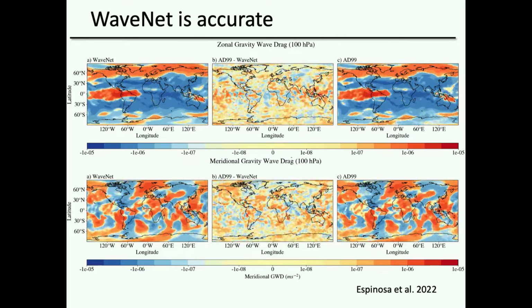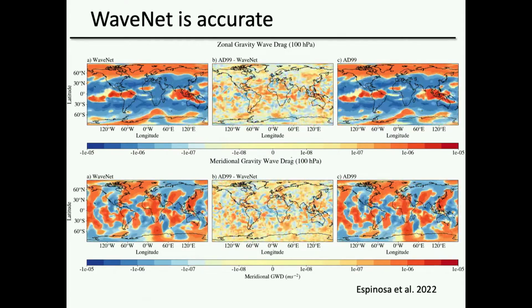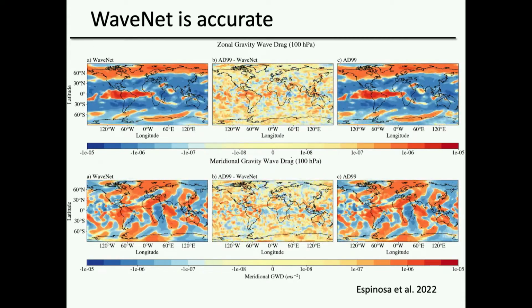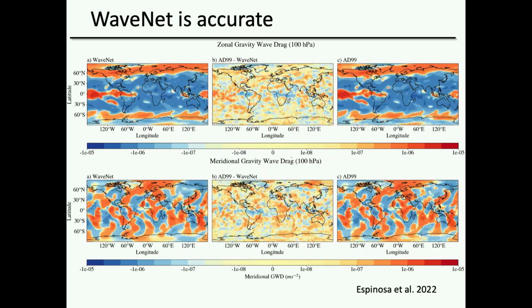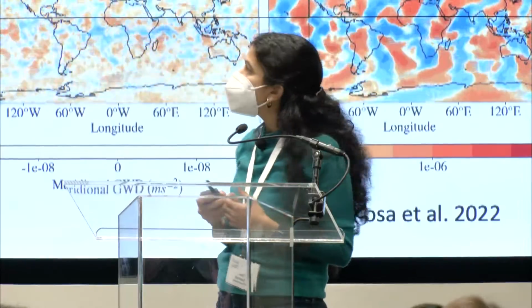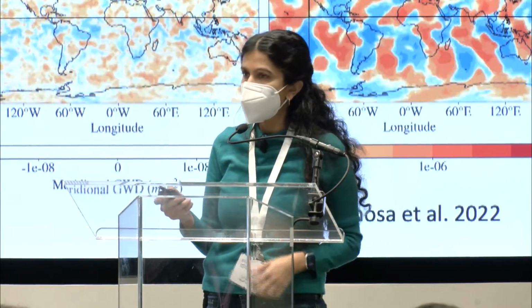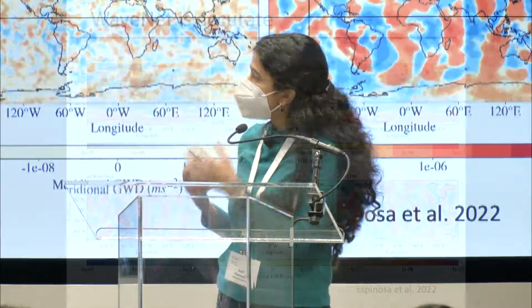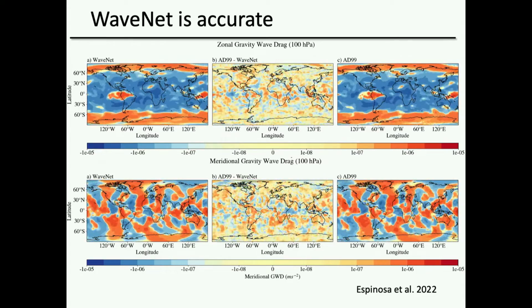This, by the way, was the work of Zach Espinosa, who was a computer science undergrad, who then showed up and worked in my lab for a couple of years. So the good news is that if you look at RMS error, things like that, WaveNet is actually doing pretty well. So WaveNet does about as well as the existing physics-based atmospheric gravity wave parameterization. Of course, the point here is not that it should do just as well as what currently exists, but that was the starting point.